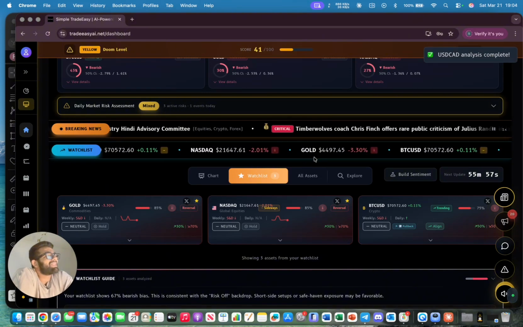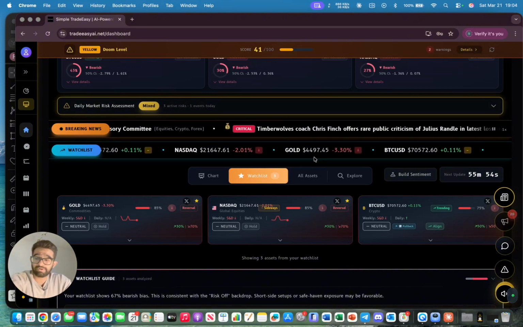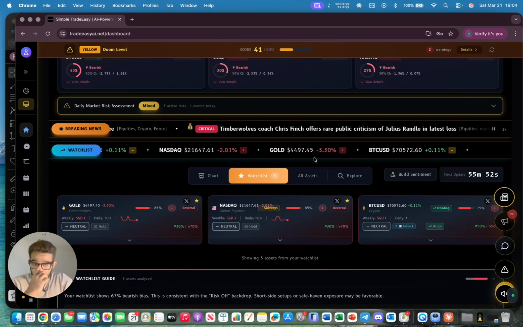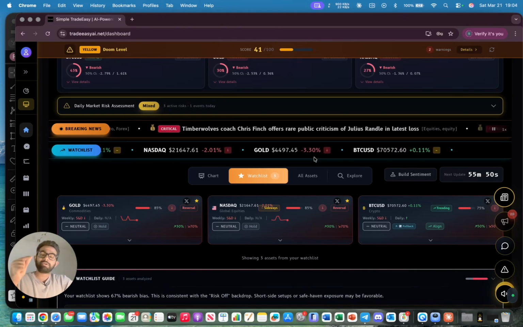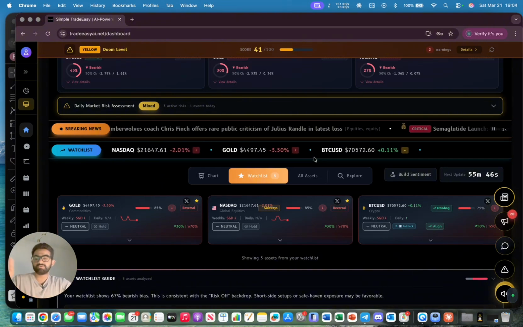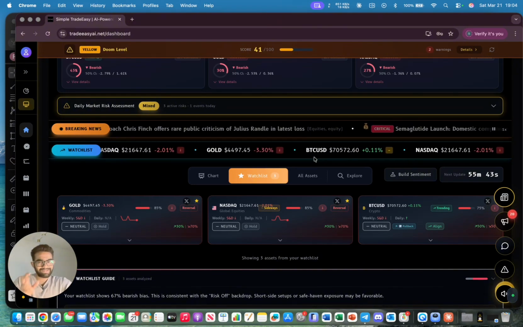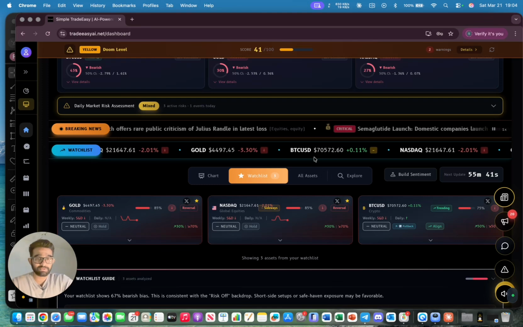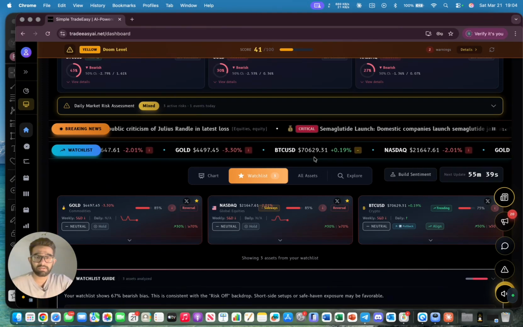So if you want to try TradeEasy, I would recommend that you do. This is the most important tool that any trader would actually need. Hedge fund traders use Bloomberg. If technical analysis works, if strategies work, why do they need Bloomberg? Here's the thing.